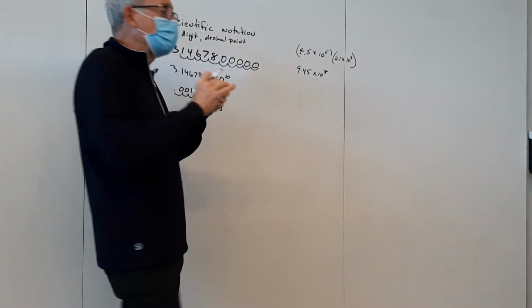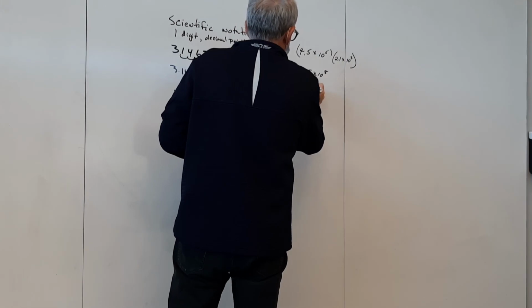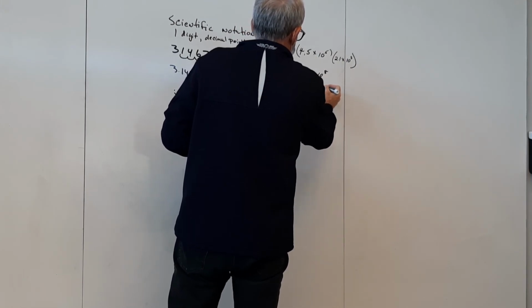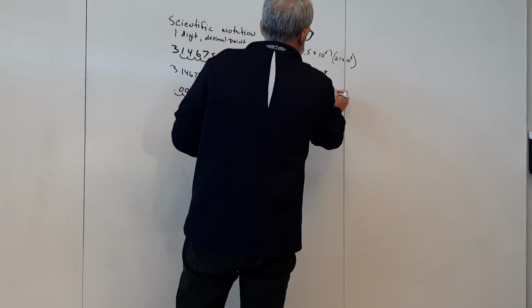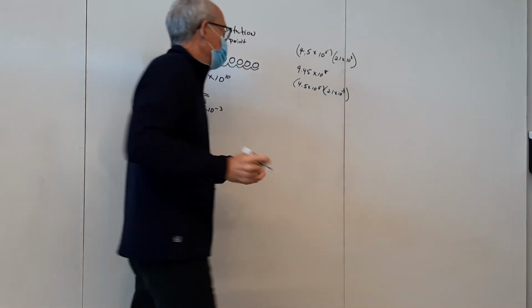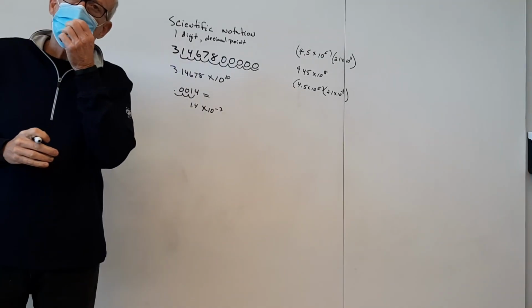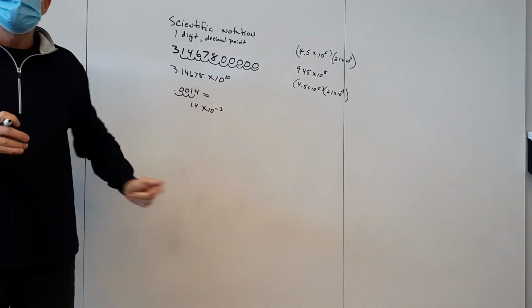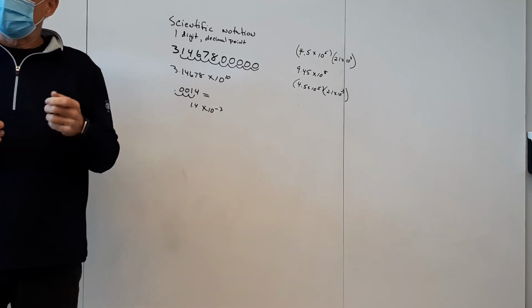Okay, now try this: 4.5 times 10 to the 5th times 2.1 times 10 to the minus 3rd. Do it on your calculator. You know what it should come out to, but make sure it comes out that way on your calculator.